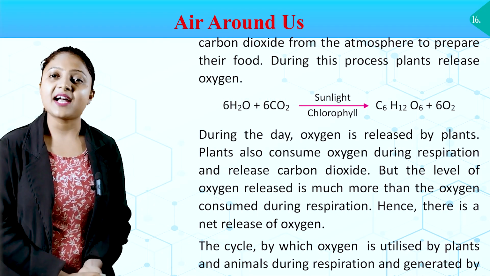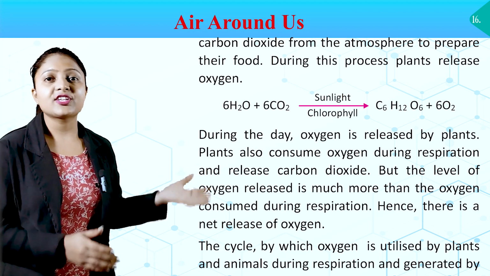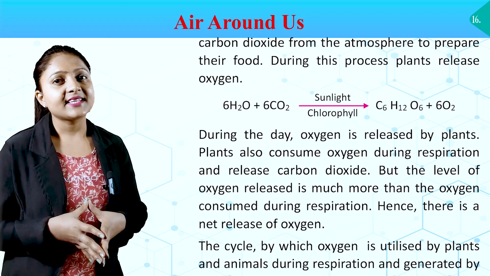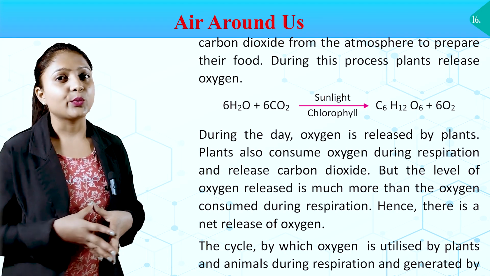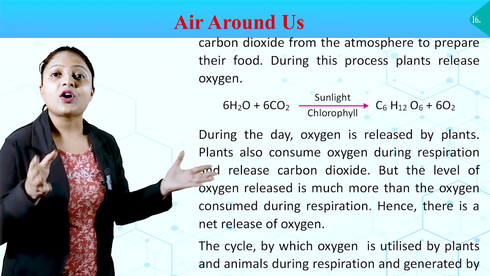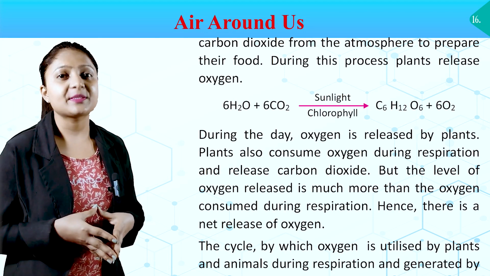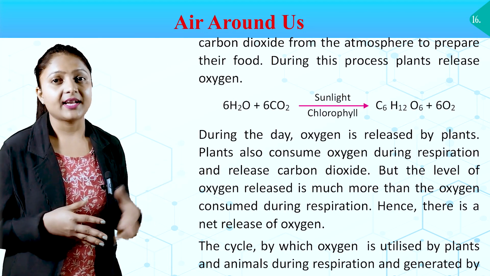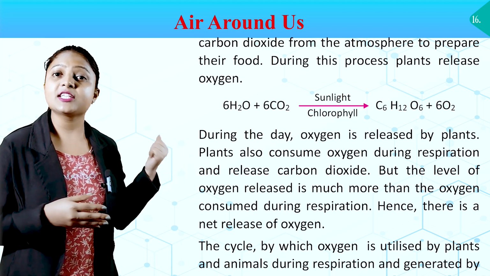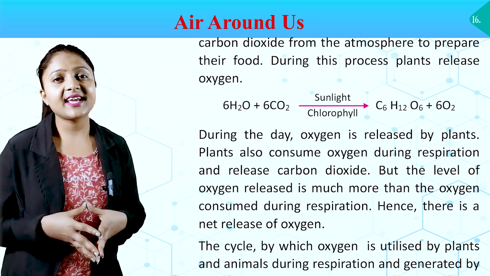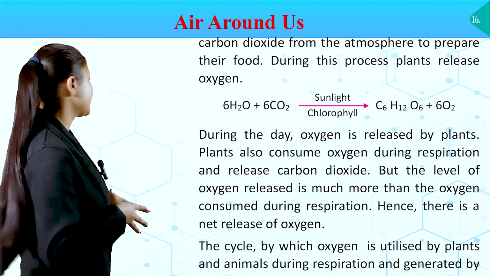During this process, plants release oxygen: 6H2O + 6CO2, sunlight, chlorophyll, C6H12O6 + 6O2. During the day, oxygen is released by plants. Plants also consume oxygen during respiration and release carbon dioxide. But the level of oxygen released is much more than the oxygen consumed during respiration. Hence, there is a net release of oxygen.